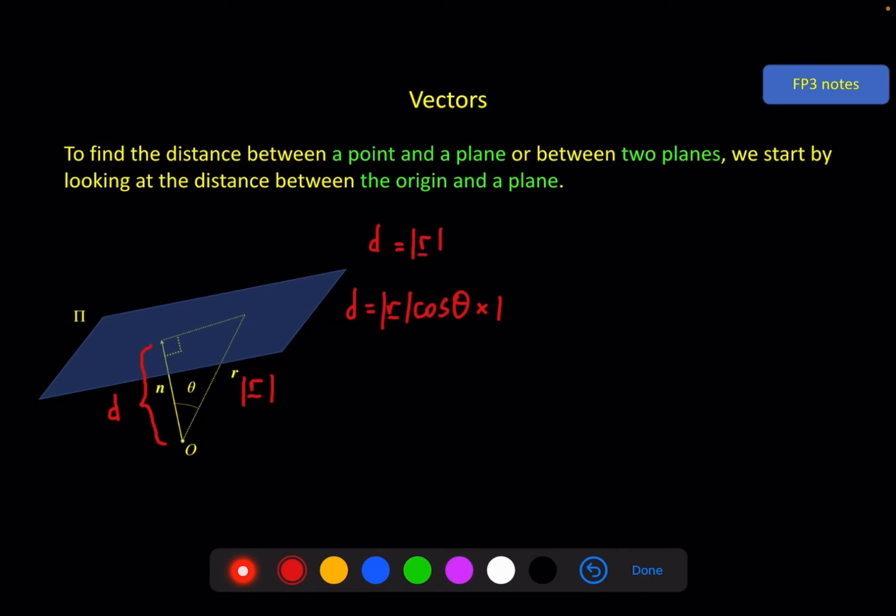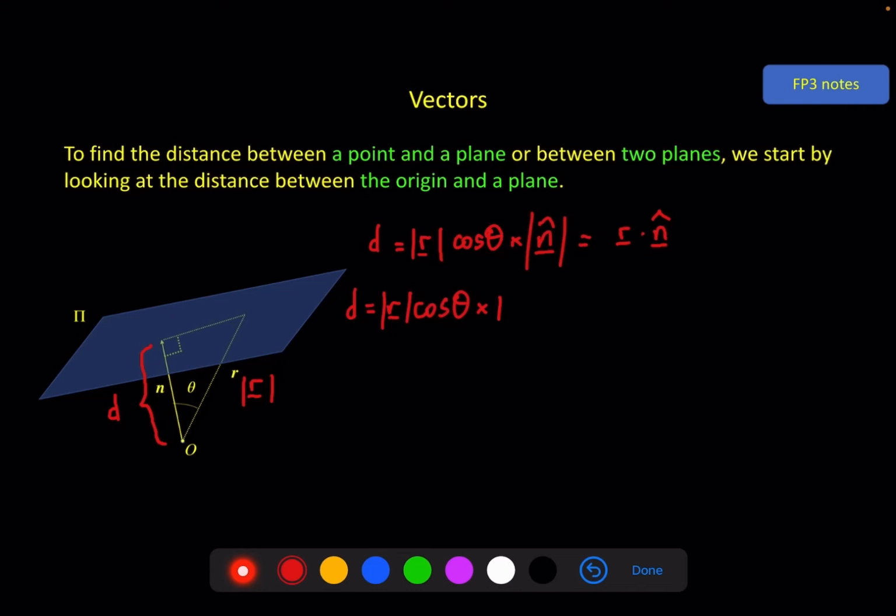So we've got the magnitude of r times cos theta times the magnitude of n hat, because I know that will always be 1, and 1 times this doesn't change this. What that lets me do, though, is to do the magnitude of r times the magnitude of n hat times cosine theta, the angle between them, the directions. That's the dot product. And that is the dot product between r and n hat.